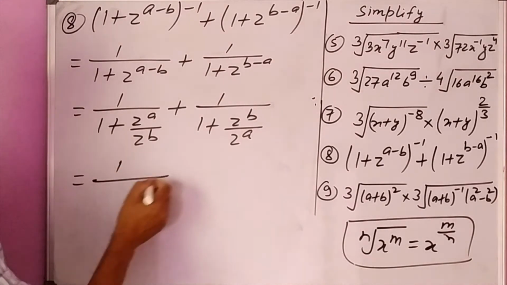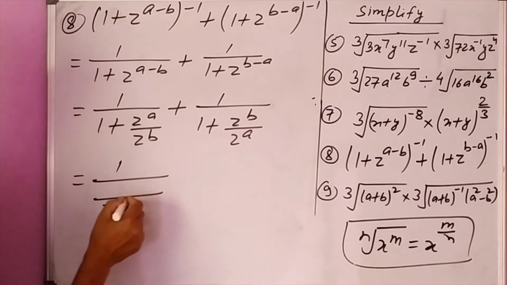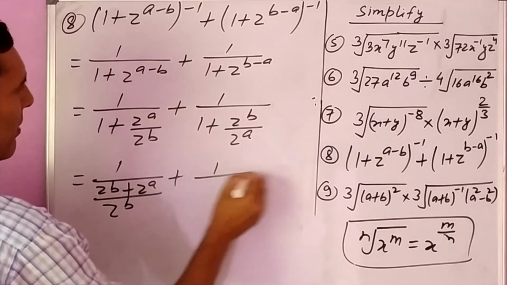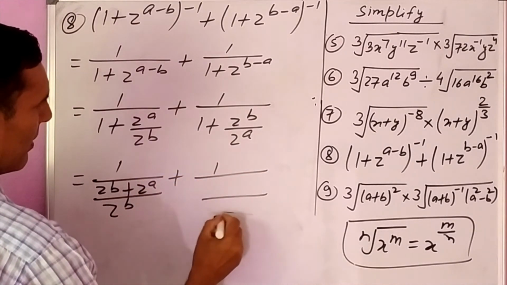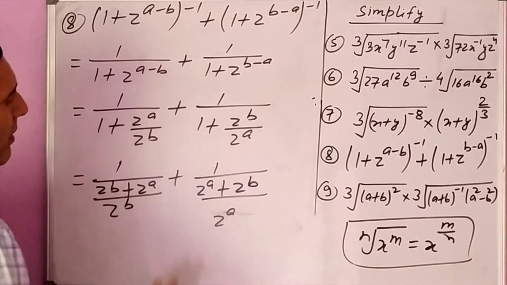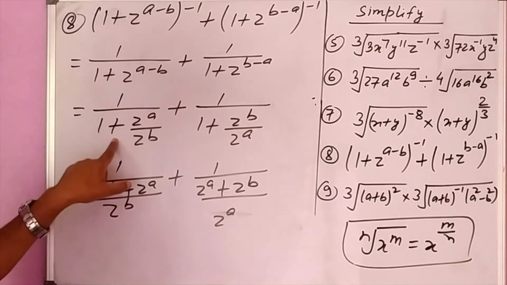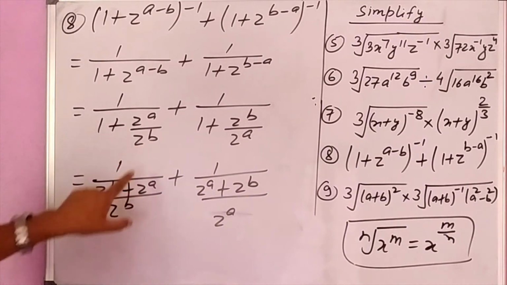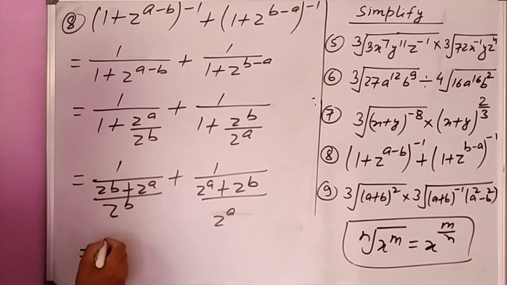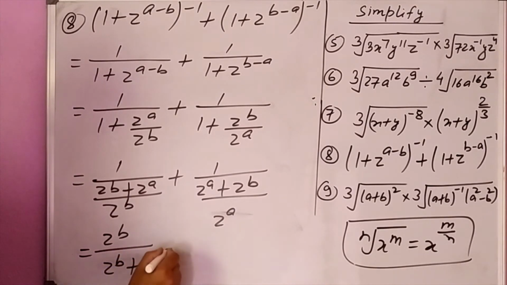So it is 1 upon z to the power b, LCM z to the power b plus z to the power a. 1 upon z to the power a, LCM. So z to the power a plus z to the power b. You understand this? I have taken the LCM here in both denominators. z to the power b LCM here, z to the power a LCM there in the second term. If you revert this, z to the power b upon z to the power a plus z to the power b, or z to the power b plus z to the power a, as it is we can write, no problem. z to the power b plus z to the power a.